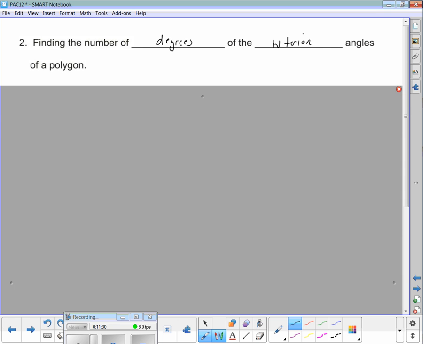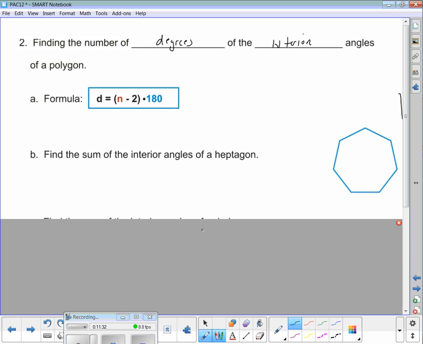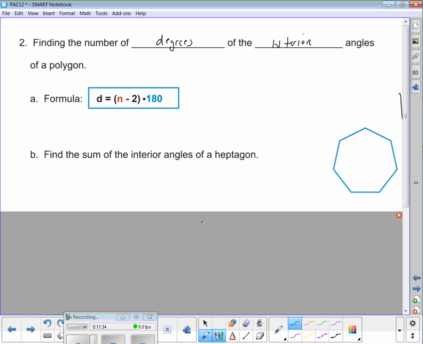All right, there's a formula for this. And I've got the full formula for you. The only thing we have to figure out is what in the world n is. All right? You might wonder what d is. D is the number of degrees. That's what we're solving for, right? D is the number of degrees.